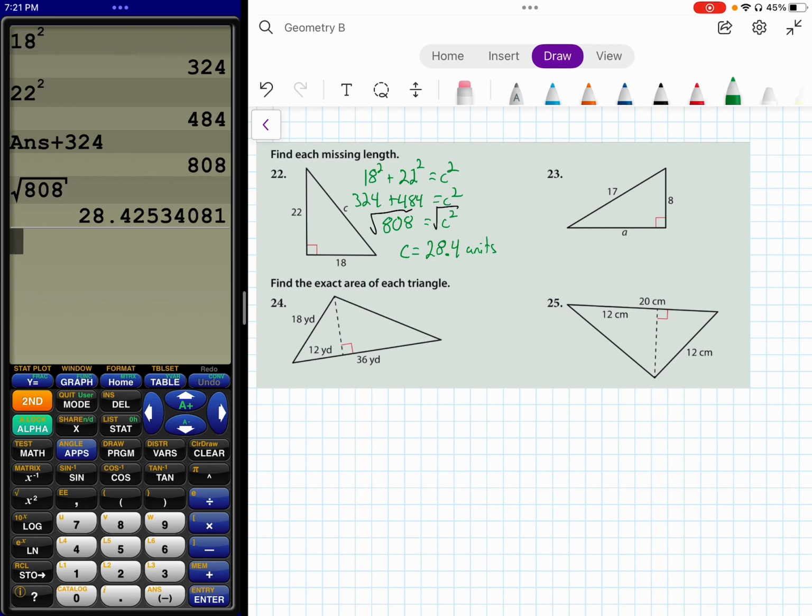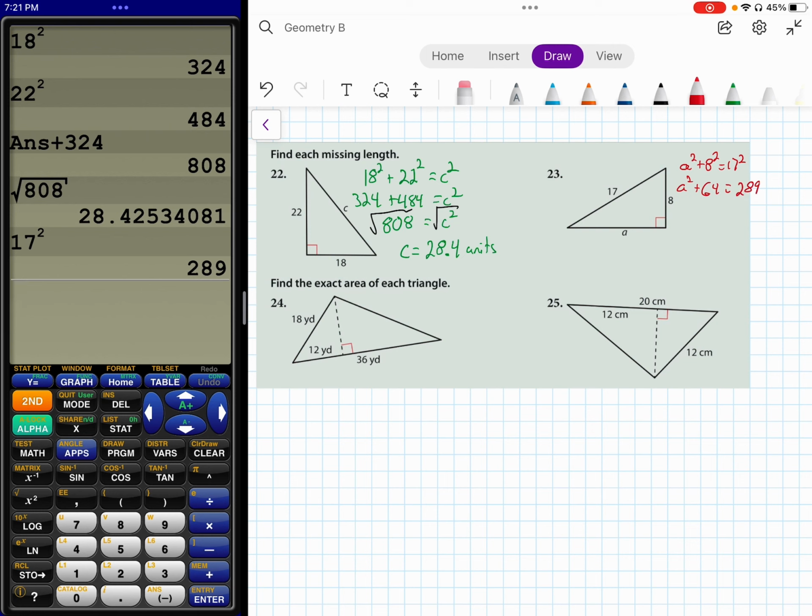Number 23, we actually know one of the legs. So we have a squared plus 8 squared equals 17 squared. And we can work through that. We know 8 squared is 64. 17 squared, we can find that. That is 289.